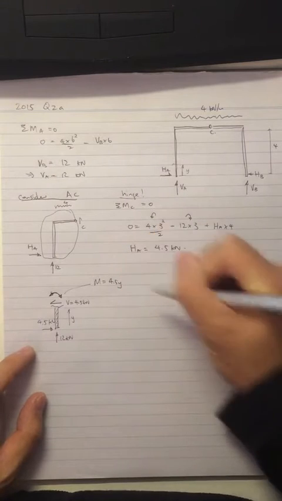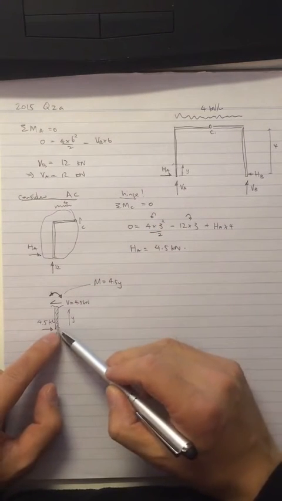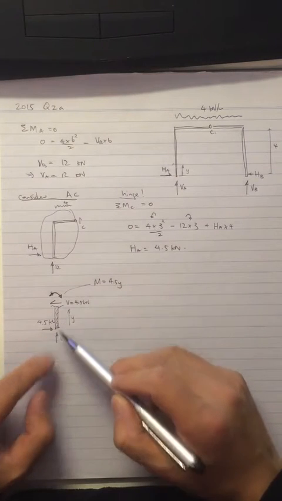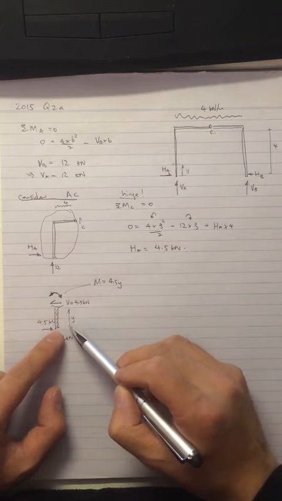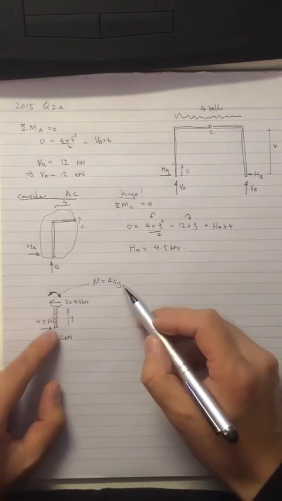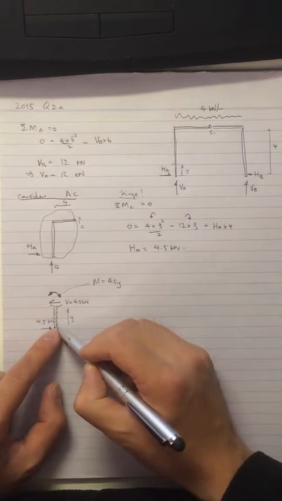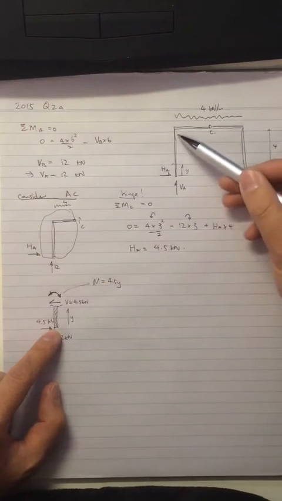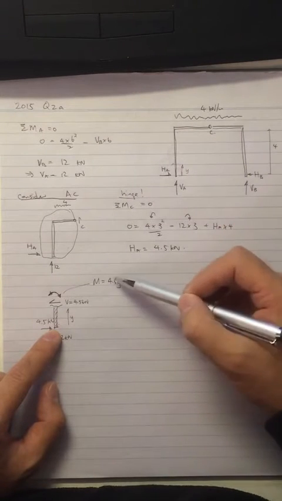What you note here is that the bending moment for the vertical column increases linearly as you go up higher with your cut. When y equals 0, that bending moment value would be 0, and when y equals 4 meters up here, that bending moment will be 4.5 times 4.